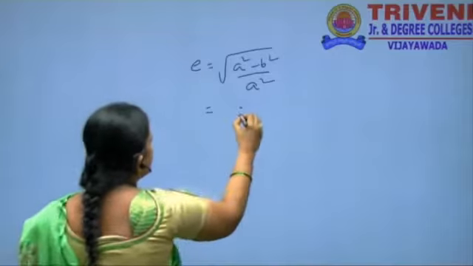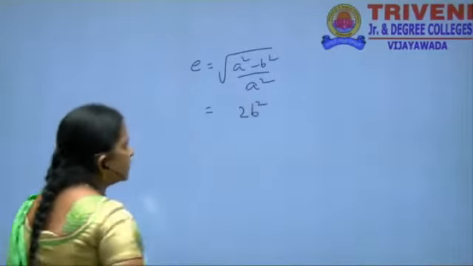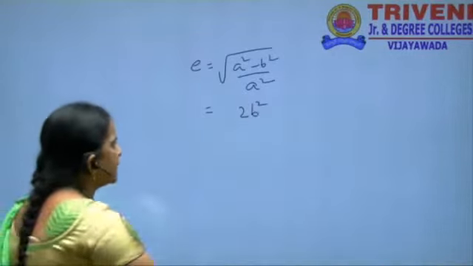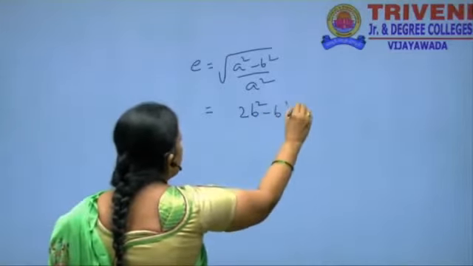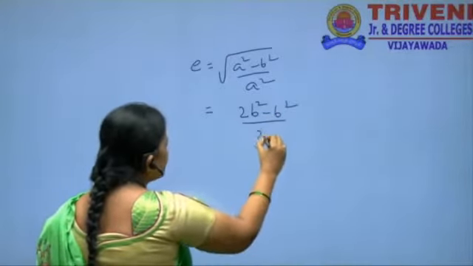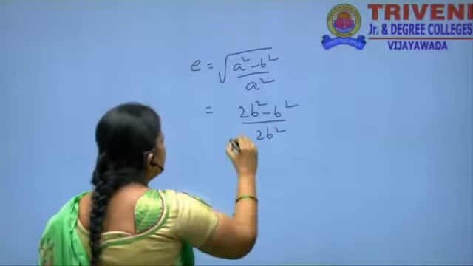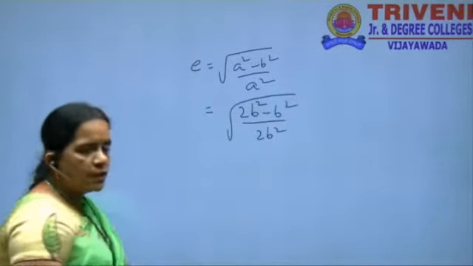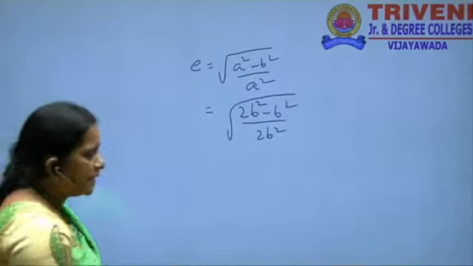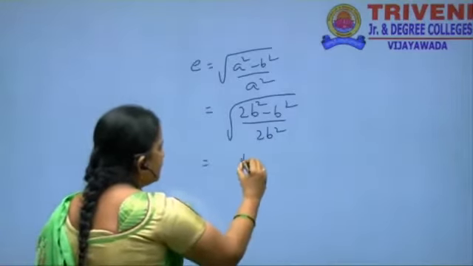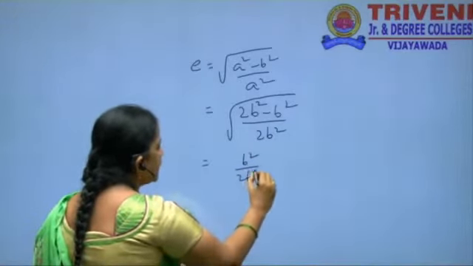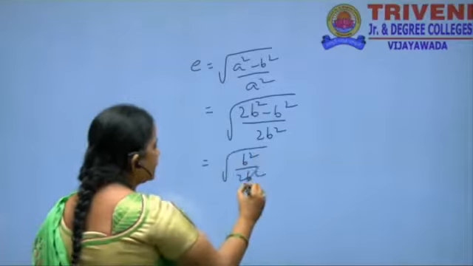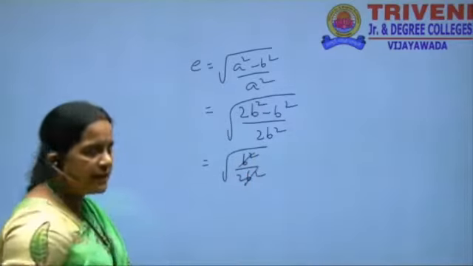Substitute here: 2b square minus b square by 2b square, under root. 2b square minus b square is b square. b square by 2b square under root. b square gets cancelled.